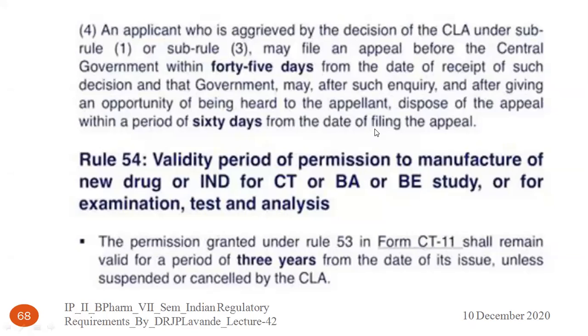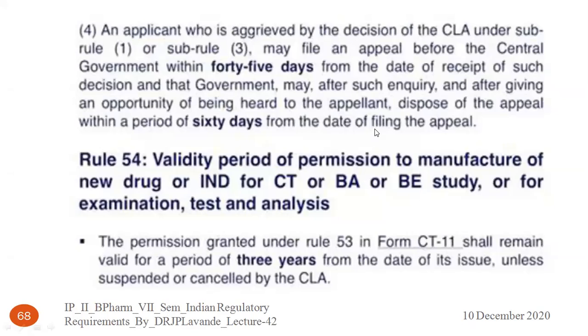And from 15th February to the 29th or 30th of February, in order to complete the 60 days, within that period the decision should be taken on the appeal of the applicant. So that is the meaning.